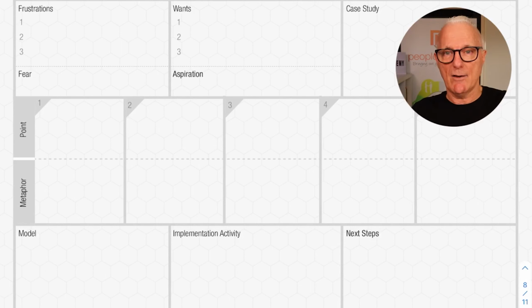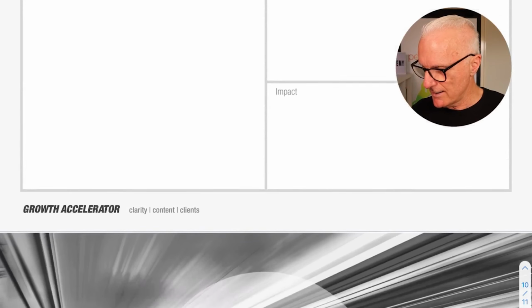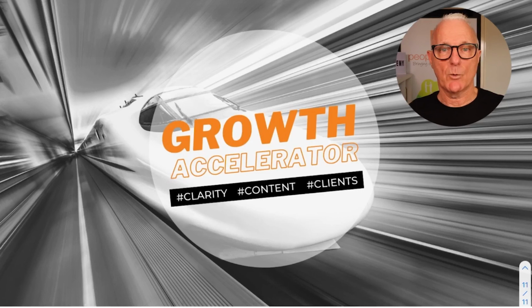So for you right now, I'm demonstrating this to you. So for you, your implementation activity, download the workbook and go through this in a piece of your content. We go a lot deeper in all the other things in our growth accelerator, but I'm sure that you'll be able to take what you've heard here today and use the workbook and get started on creating some content that's going to get you the results that you want.